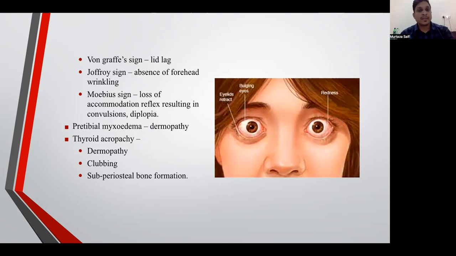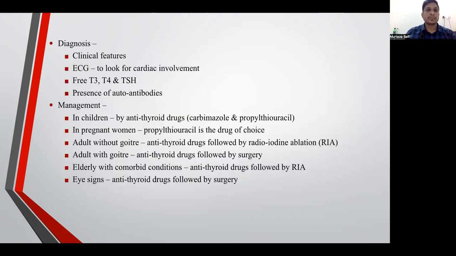Then pretibial myxedema, dermopathy, thyroid acropathy, clubbing, and subperiosteal bone formation. The diagnosis is by clinical features, ECG to look for the cardiac involvement, T3, T4, TSI, then presence of autoantibodies.